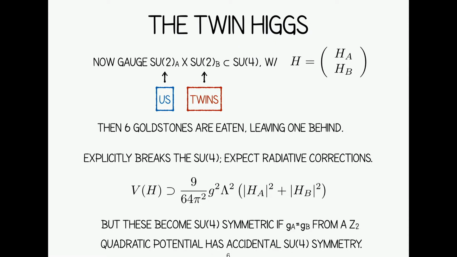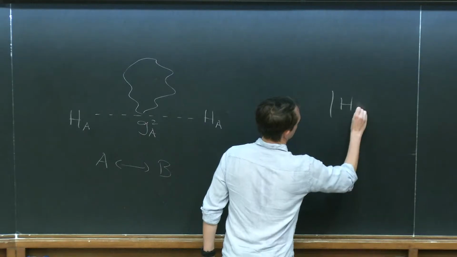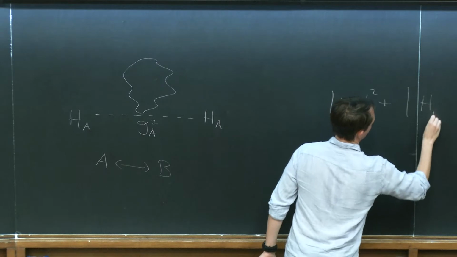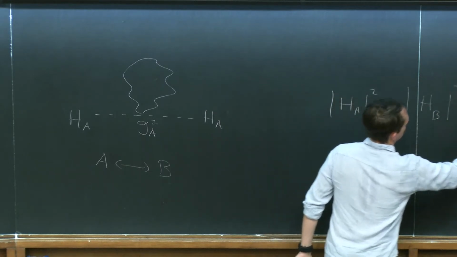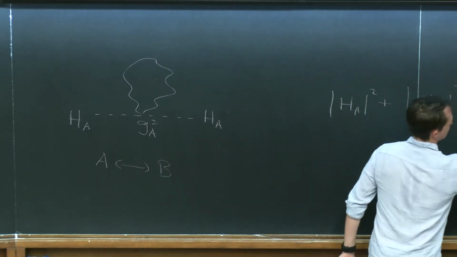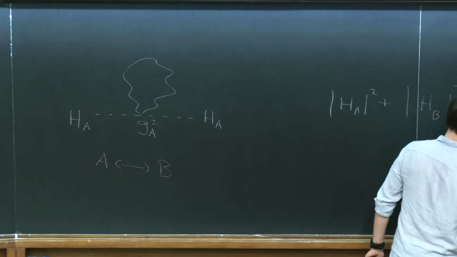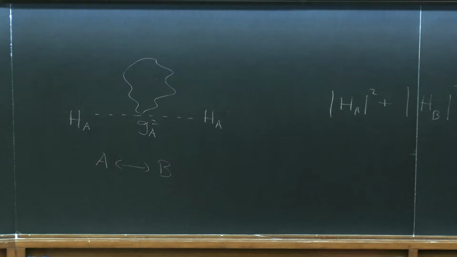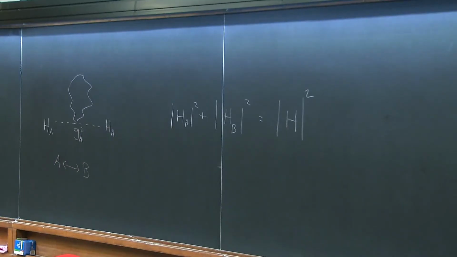And that's nice because, the way I've written it, well, this is just the modulus of my original SU4 fundamental squared. So the reason I got the radiative corrections proportional to unspecified new physics at short distances, it's now proportional to the modulus of this SU4 fundamental squared.